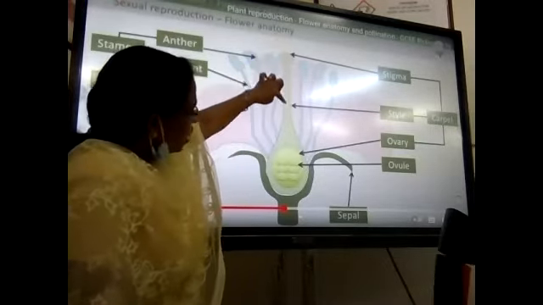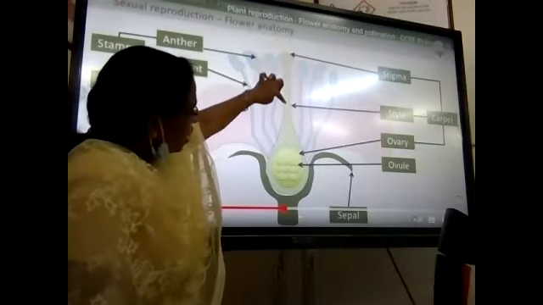So which are the male and female sex cells in a plant? The male sex cell is known as pollen, and it is present in the anther. Anther. And the female sex cell is known as ovule. Ovule, in the ovary. Ovary.